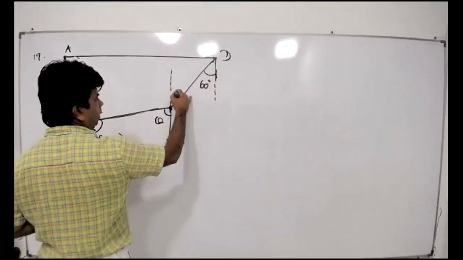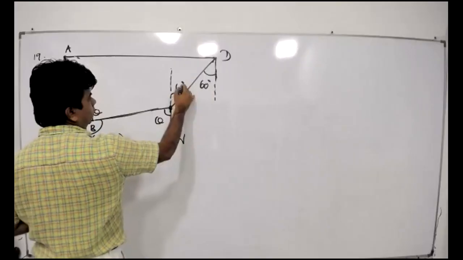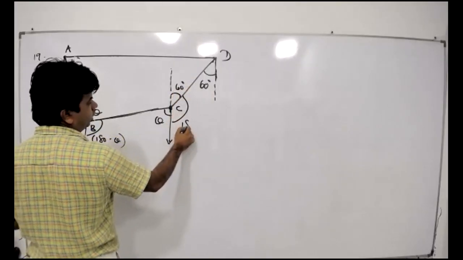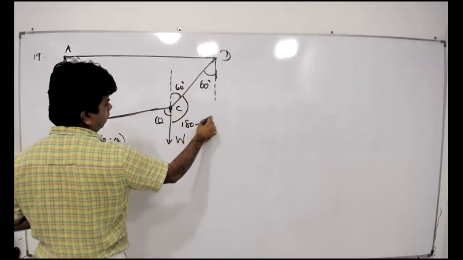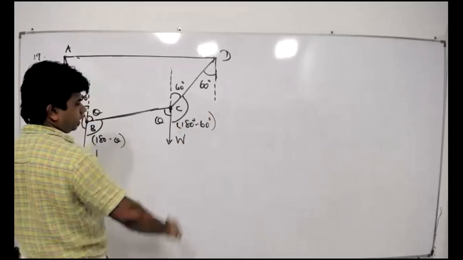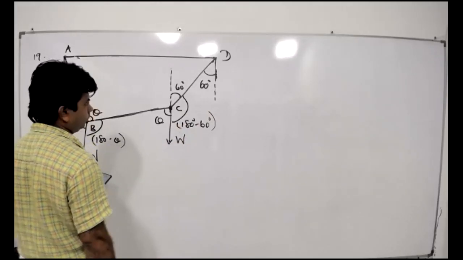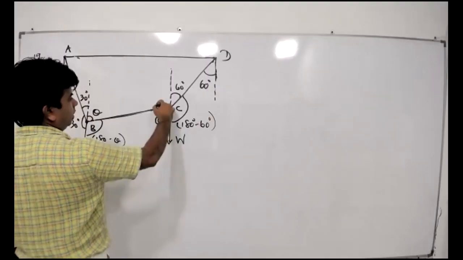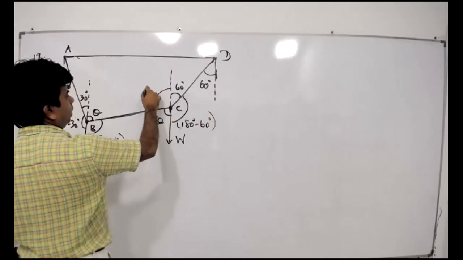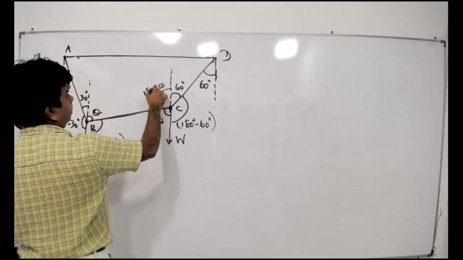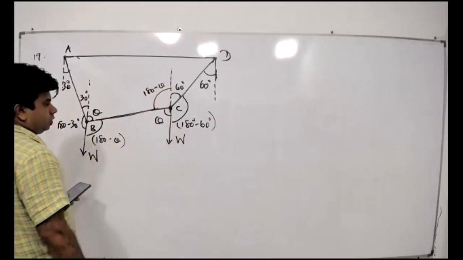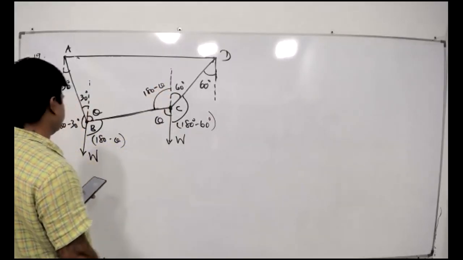And this is 60, so this angle also 60, and this angle is 180 minus 60. And this is theta, so this angle is 180 minus theta. So this is what you need to know.